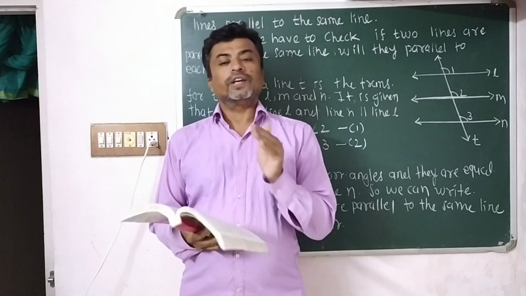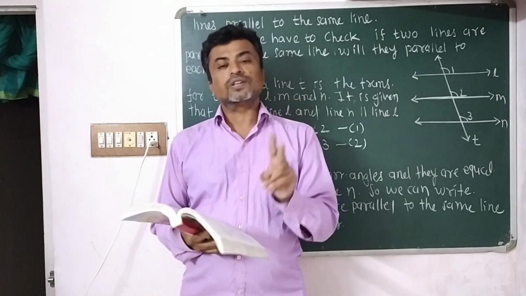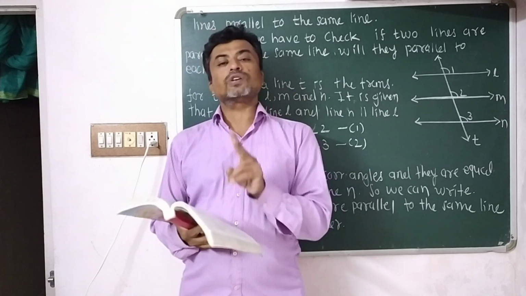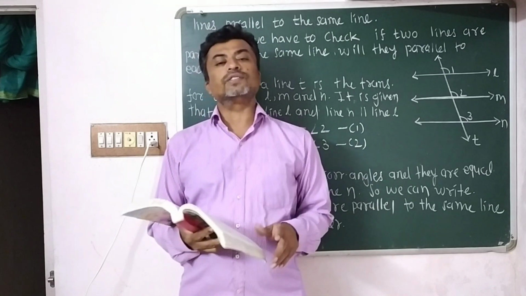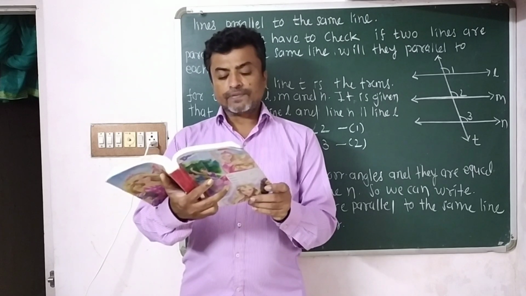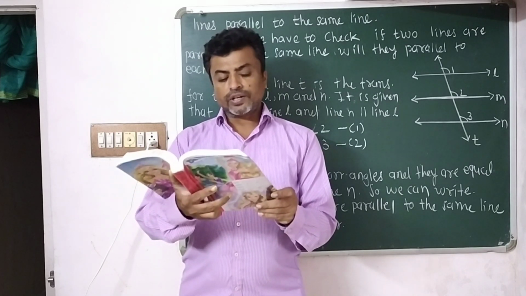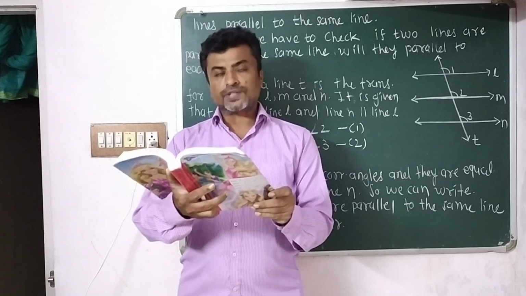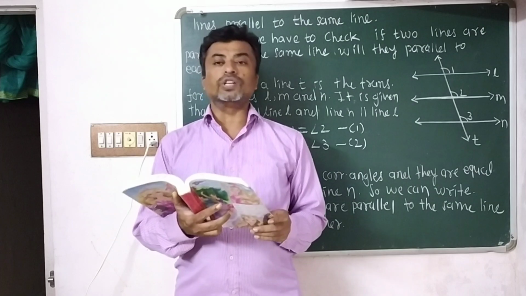Its meaning is, if a transversal intersects two lines such that the sum of measures of co-interior angles is 180 degrees, then the given two lines are parallel to each other.